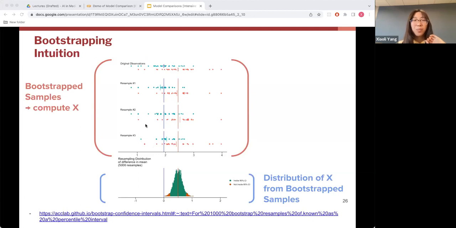So we are hoping to use these resampled data sets to simulate or mimic true resampling from the true population. Then we compute X, our metric, from these resampled data sets, and we put all of them together to form a distribution of X. We believe this distribution resembles the true distribution of the metric X. This is the main idea.